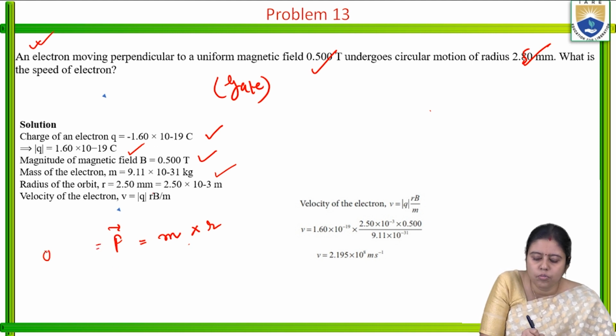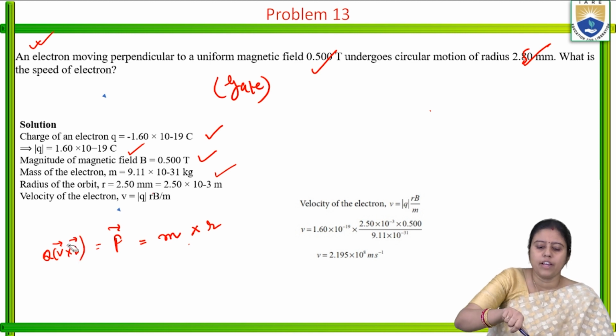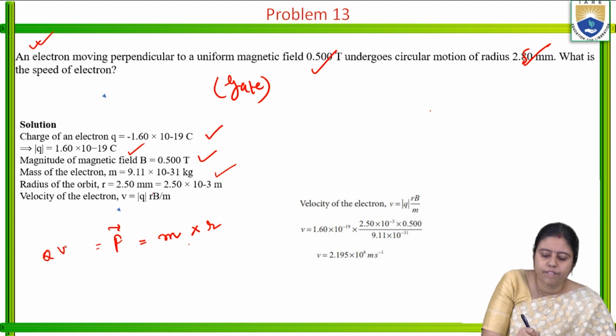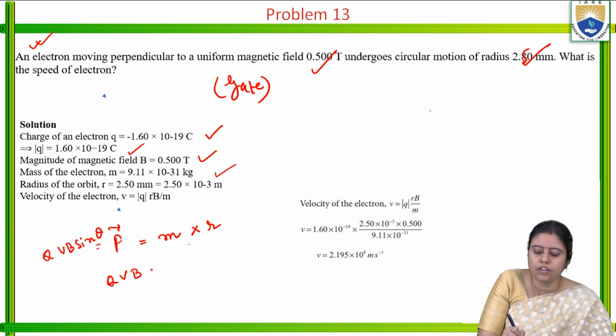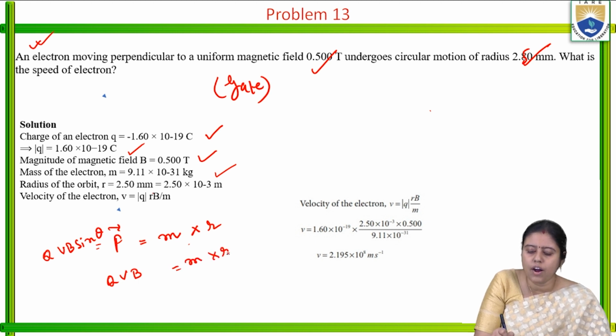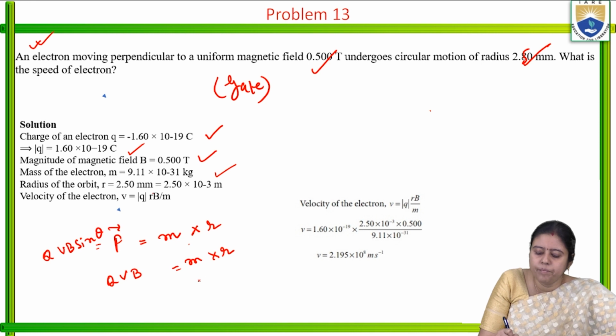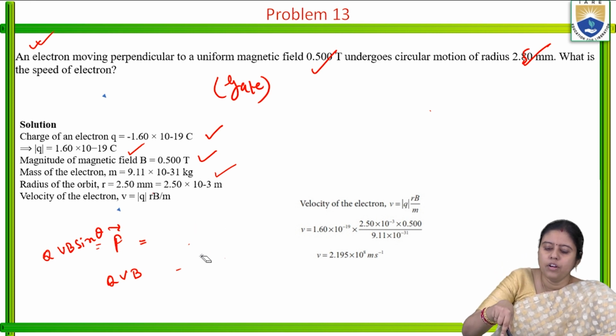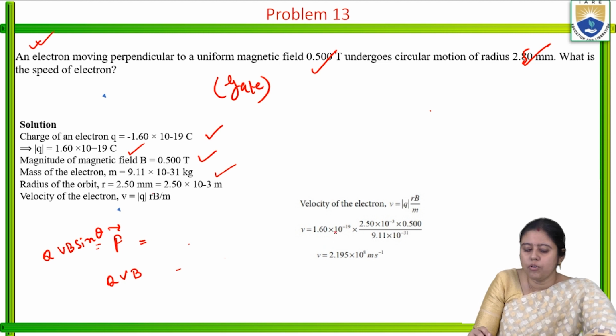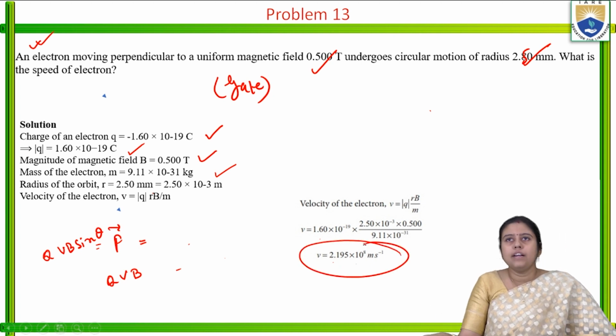Again, it is Q V cross B or Q VB sin theta. When it is maximum, we can write Q V into B is equal to M V square by R. So V is QBR by M. If we put all the values, V will come 2.195 into 10 to the power 8 meter per second.